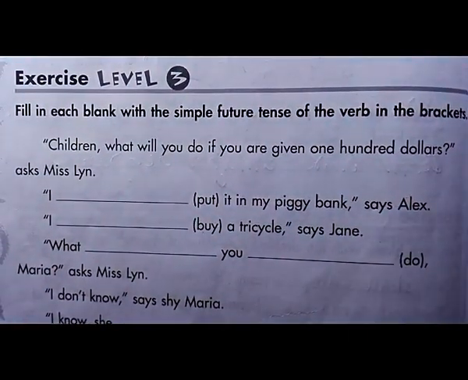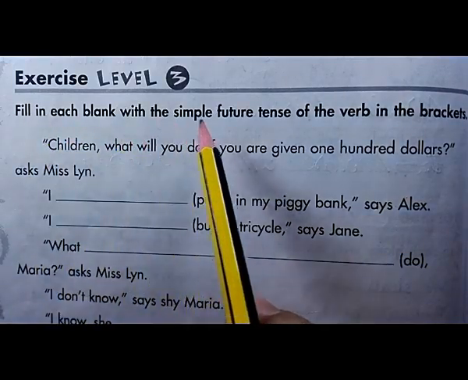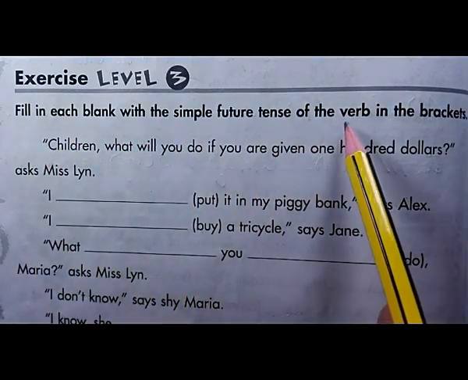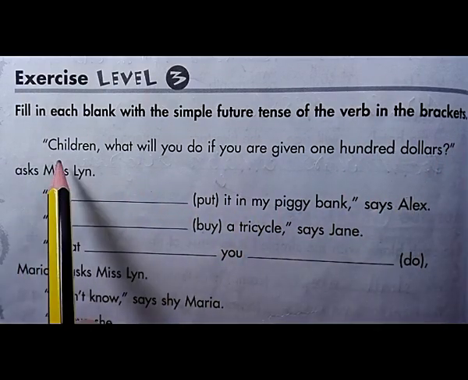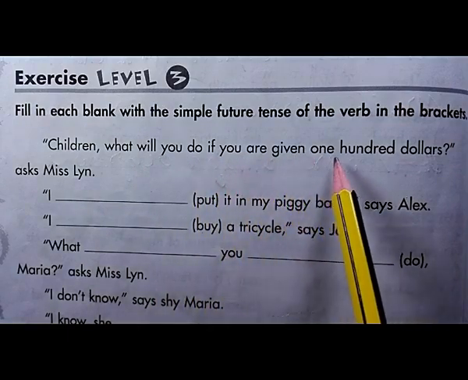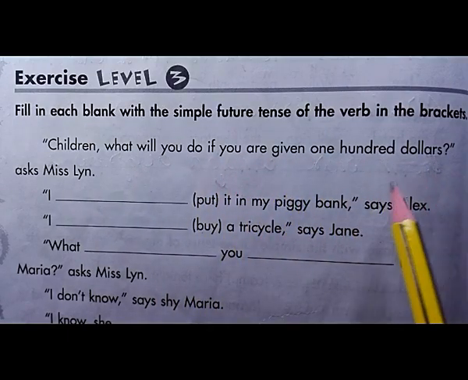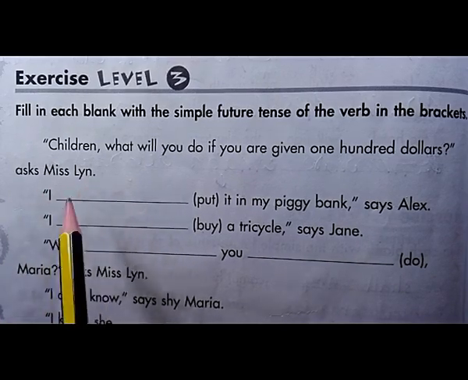Now let's do exercise level 3. Fill in each blank with the simple future tense of the verb in the brackets. Children, what will you do if you are given $100? Asks Miss Lin.